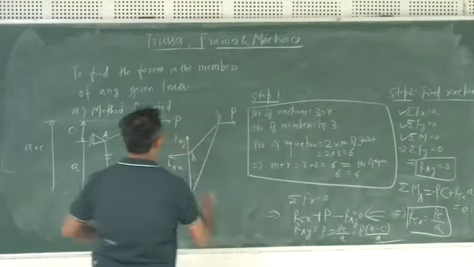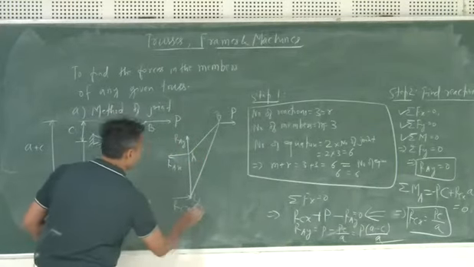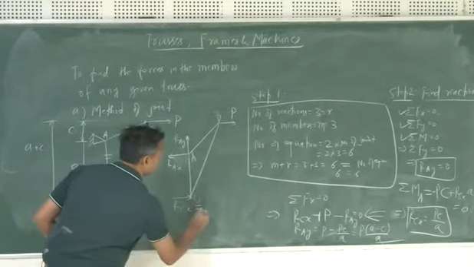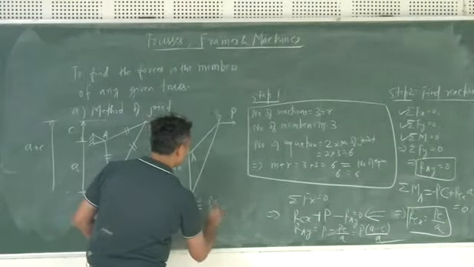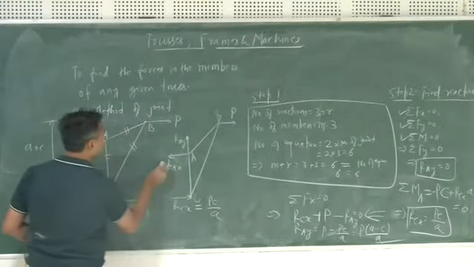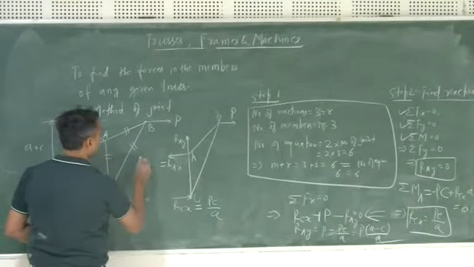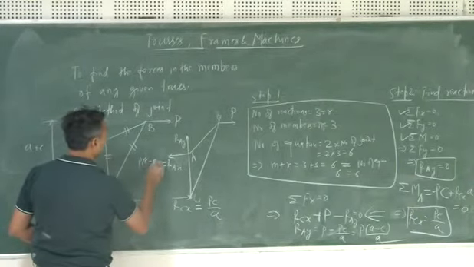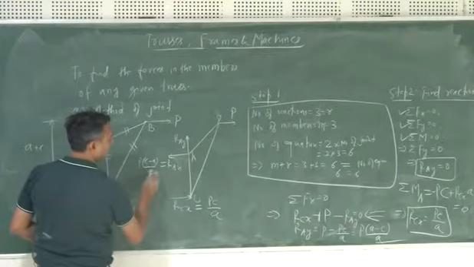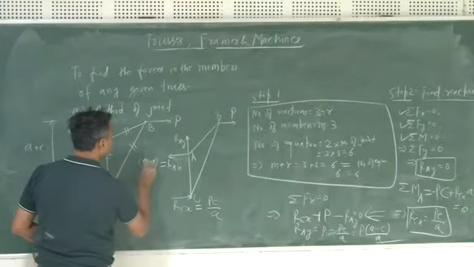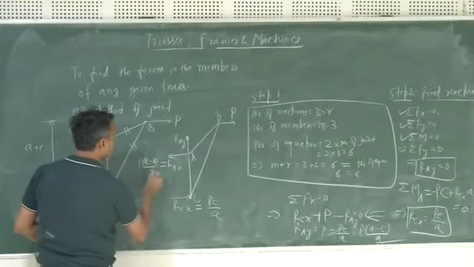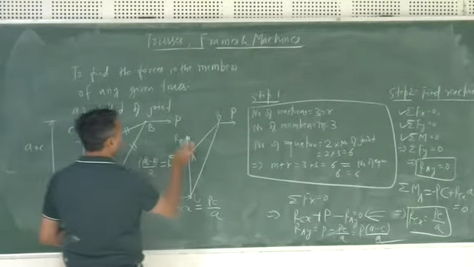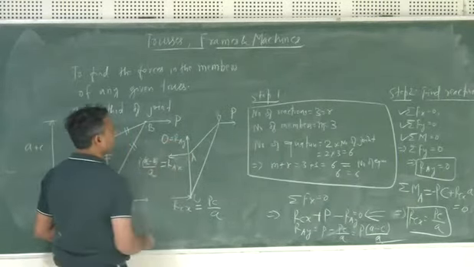So your reactions are, RCX is given by MC by A. RAX is given by P minus A by, or this A minus, and RAY is 0.